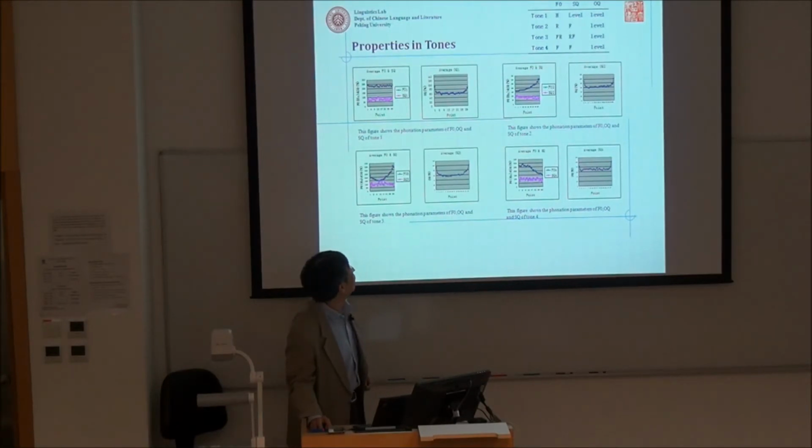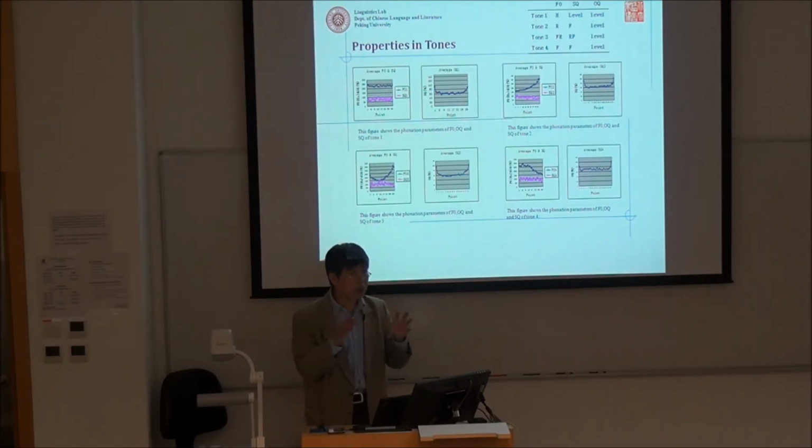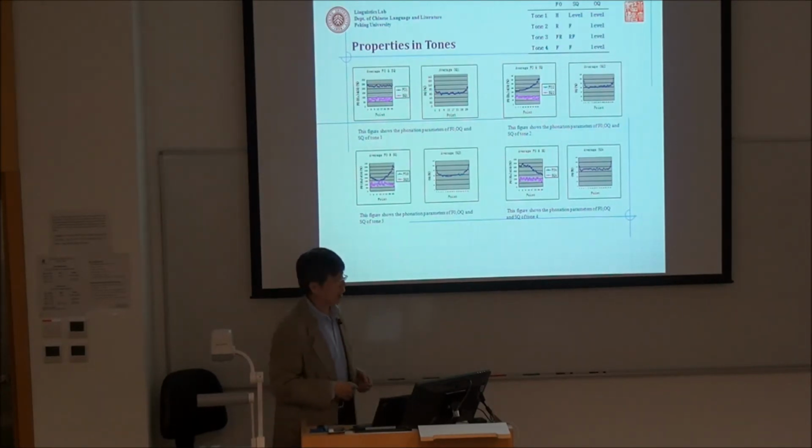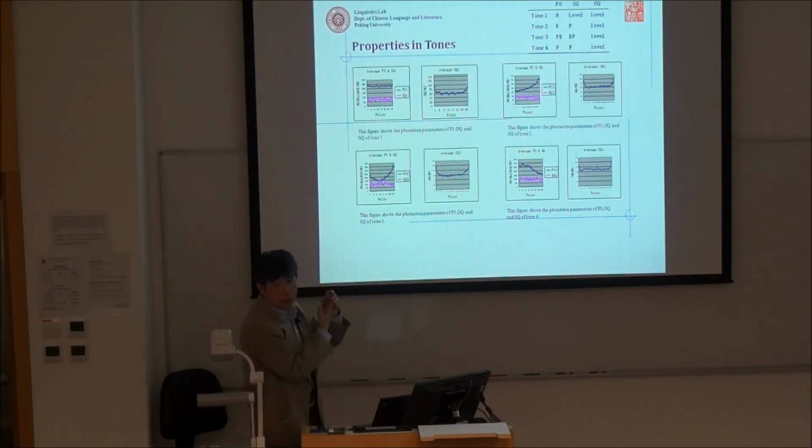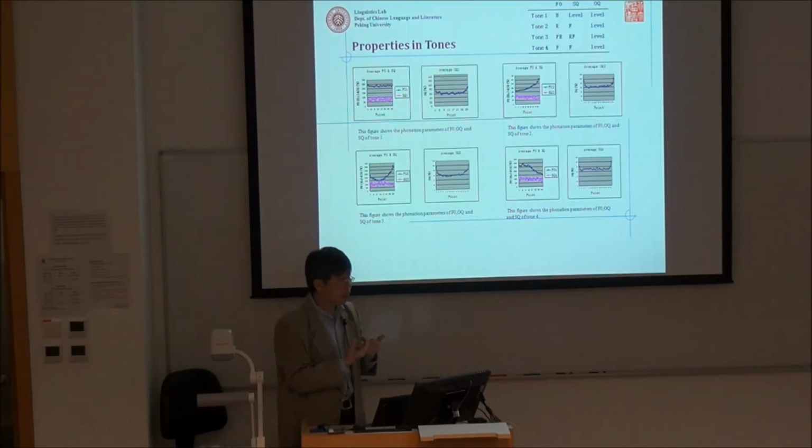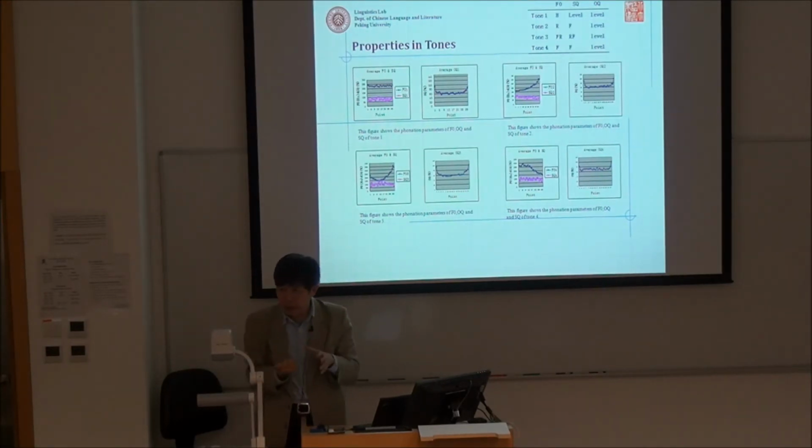If you only use F0, you cannot synthesize a very natural speech sound. At least you have to use 2 parameters. Of course, we can also add the jitter and the shimmer to increase the naturalness.